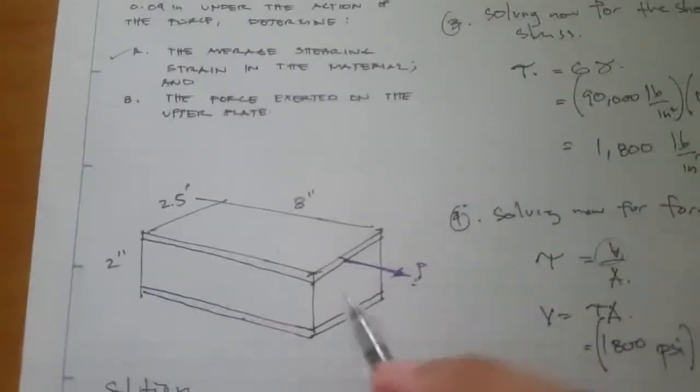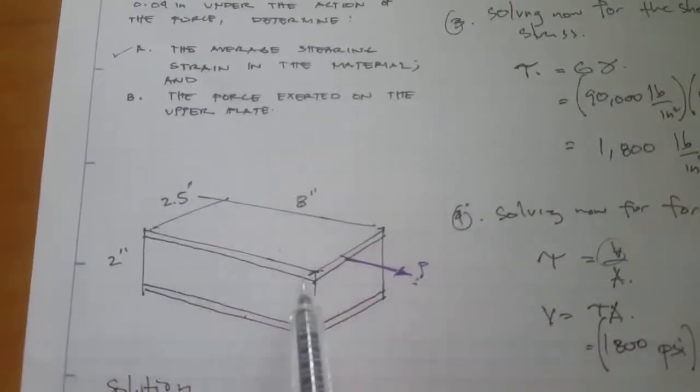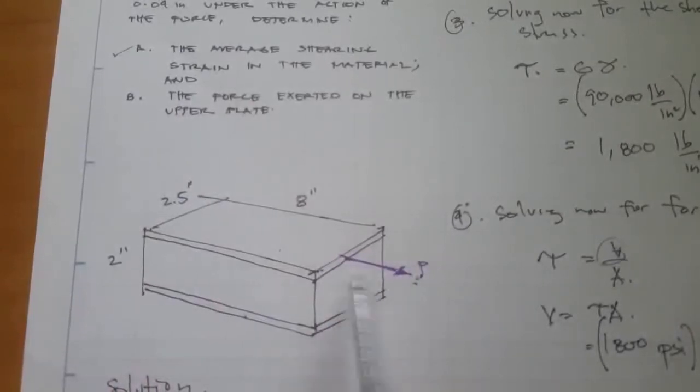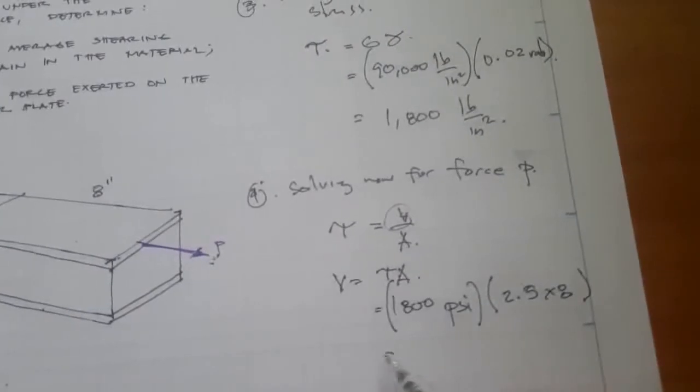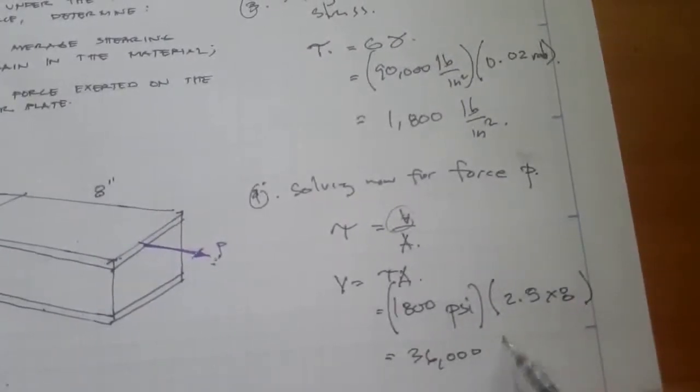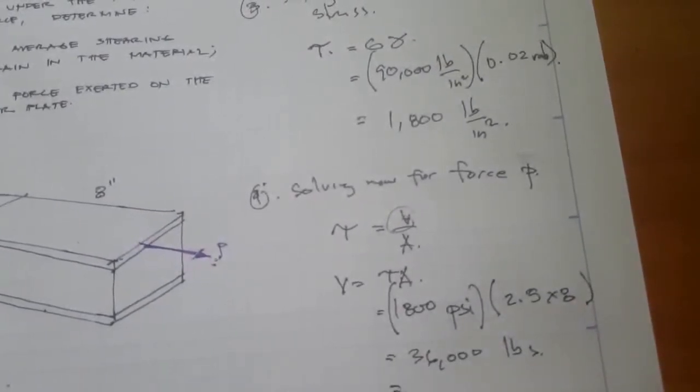Okay, so why is the area 2.5 by 8? Because that's the area parallel to the force P. So this is equal to 36,000 pounds, or 36 kips.